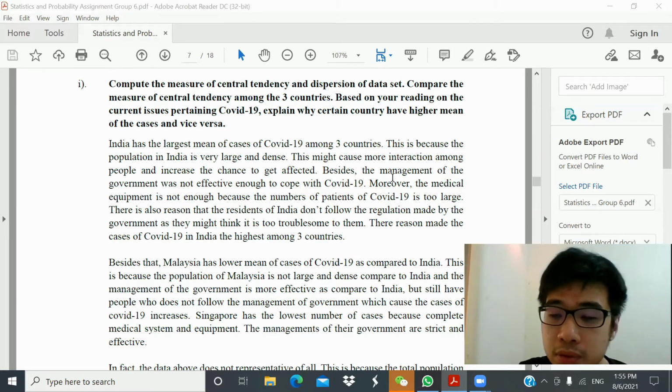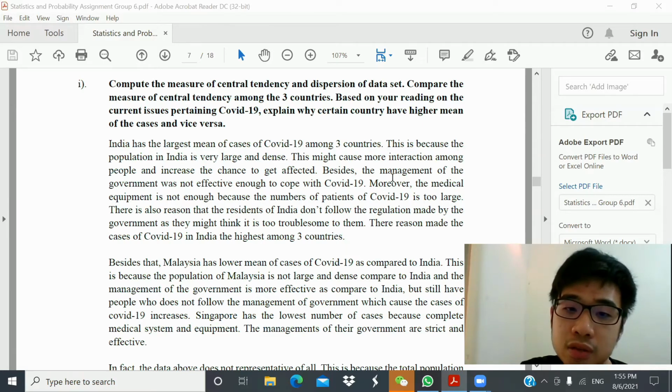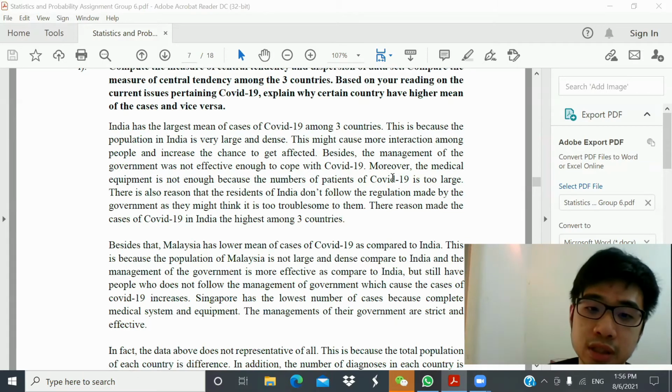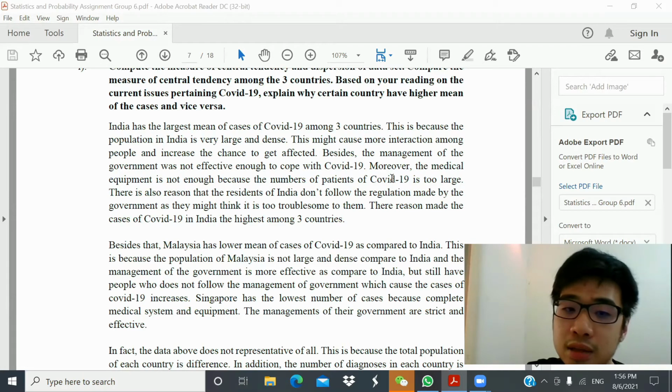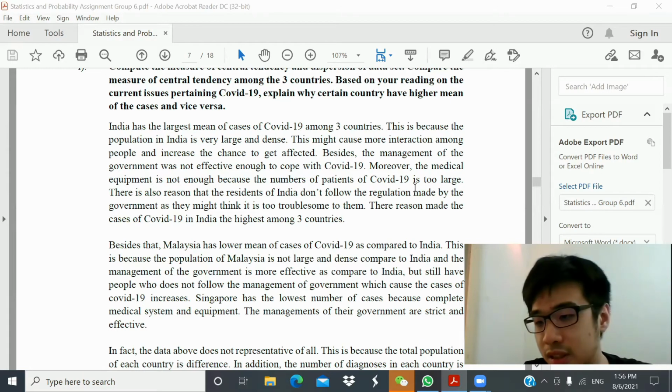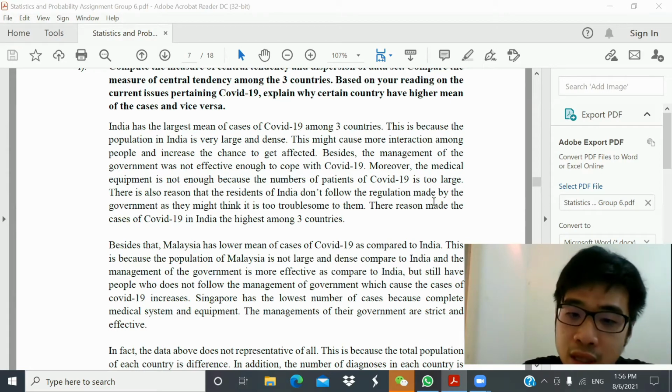Moreover, the medical equipment in India was not enough because there were too many patients. There is also the reason that the residents of India do not follow the regulations made by their government. These reasons cause India to have the highest cases among the three countries.